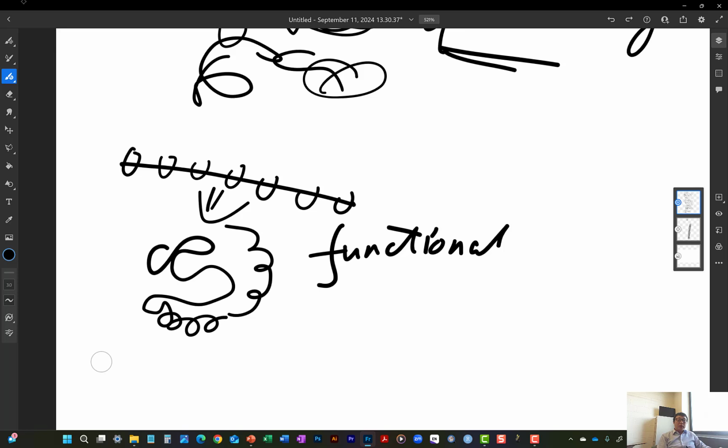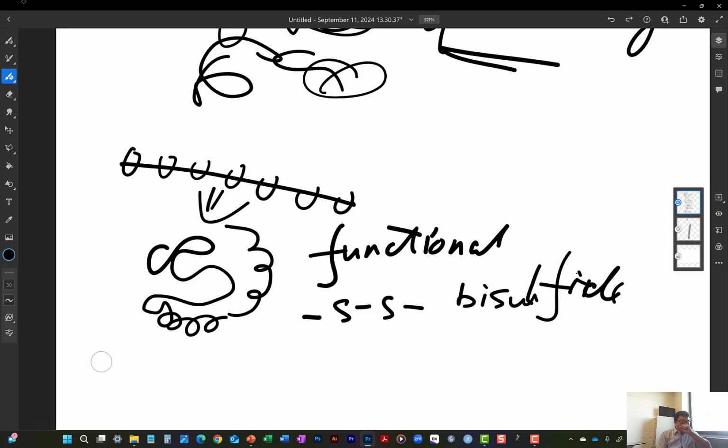So what kind of power or initial mechanism drives this folding? Many different bonds drive this folding. For example, this is called a bisulfite bond. Okay, I'm sorry about my spelling. It's a covalent bond.